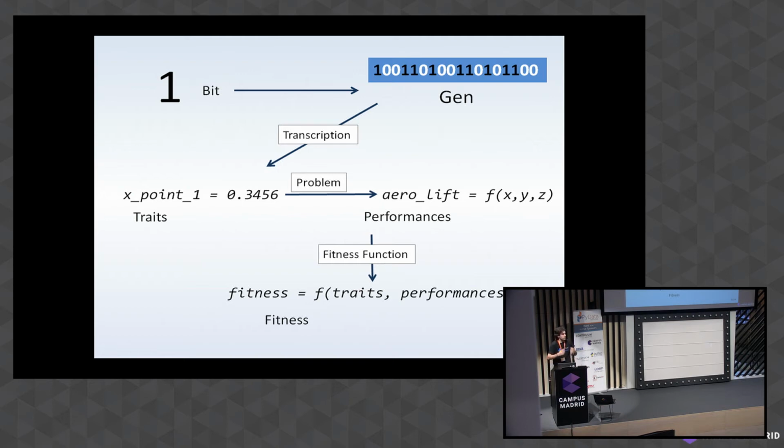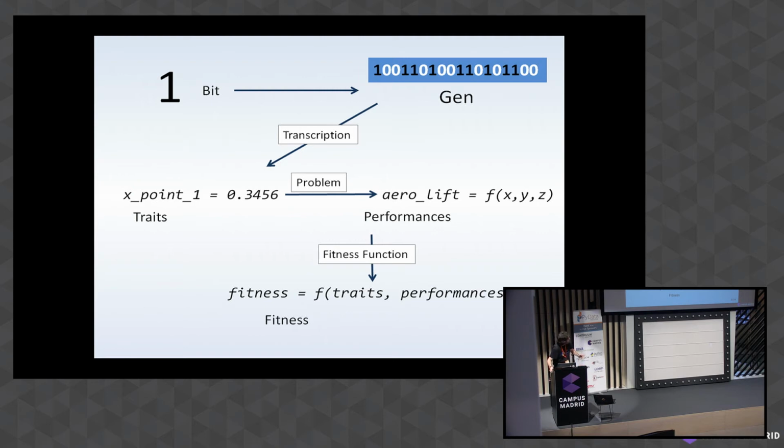Then the traits, which are, for example, the geometrical points of the airfoil, have to be analyzed in order to get the performances. This is the step which is the typical problem we want to optimize. In this case, we will have an aerodynamic program which will analyze the airfoil and get the aerodynamic forces or whatever.